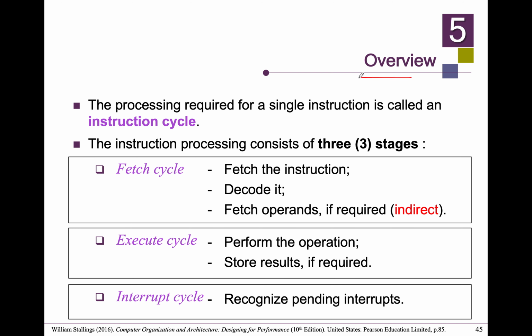So in the overview, the processing required for a single instruction is called an instruction cycle. There are 3 stages: fetch cycle, execute cycle, and interrupt cycle. Fetch the instruction, decode it, fetch operand if required, which is indirect.